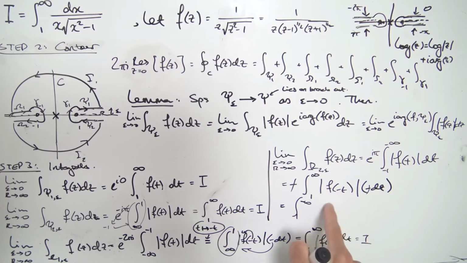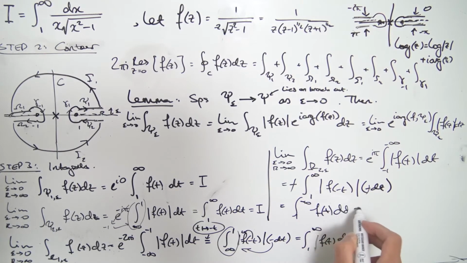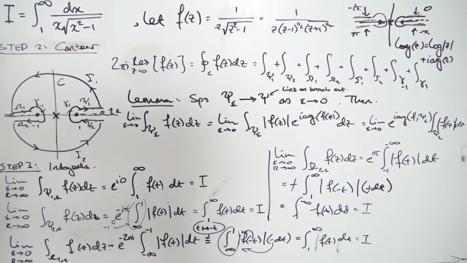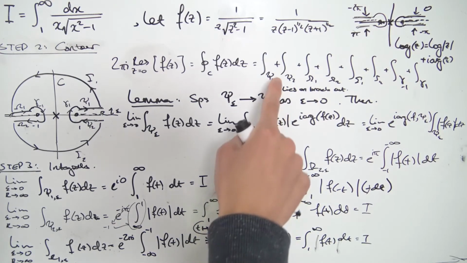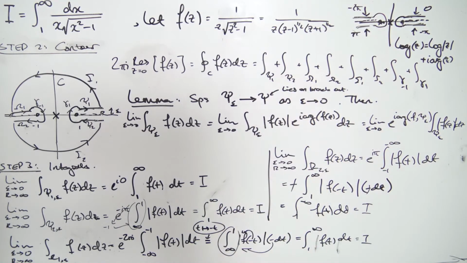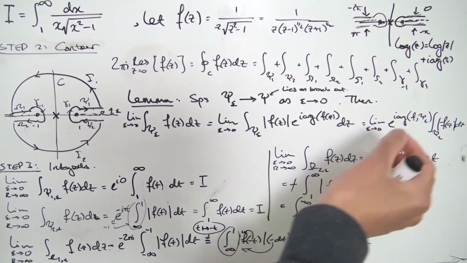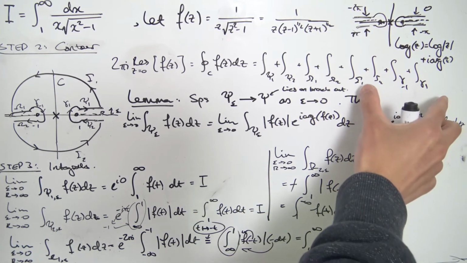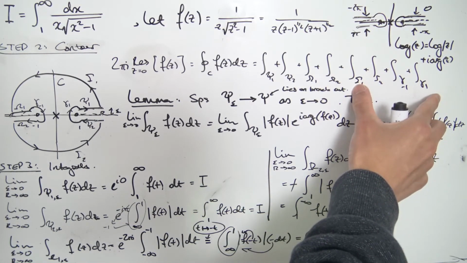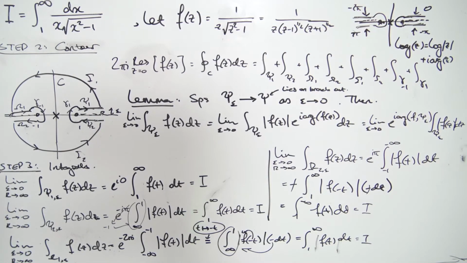Absolute values are gone because our function is positive on this interval of f of t dt. And this is, no surprise, once again, I. So in fact, all these integrals up here, they evaluate to I. So we have 4i essentially from these 4 integrals, which is quite nice. So for the final 4, we're going to work with these ones, and they actually all evaluate to 0.